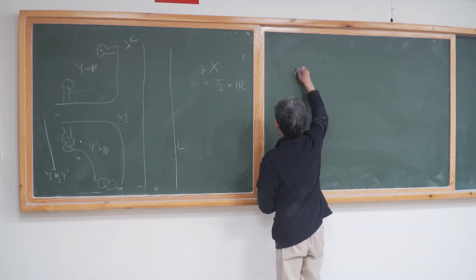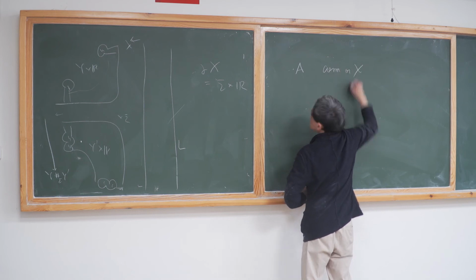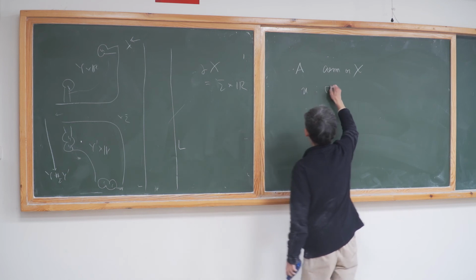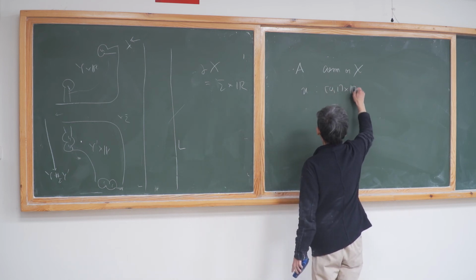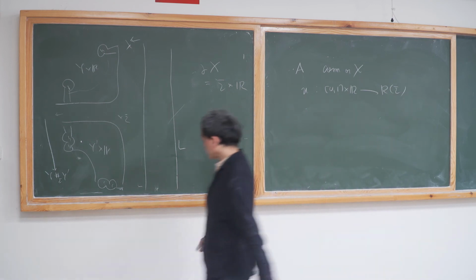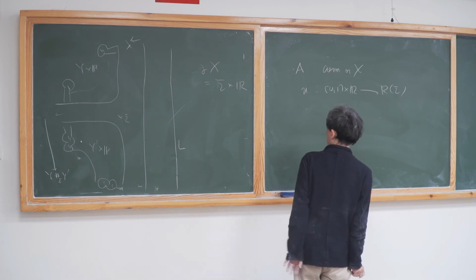We have a connection A on X, and U is again here. Most of the conditions are basically similar.